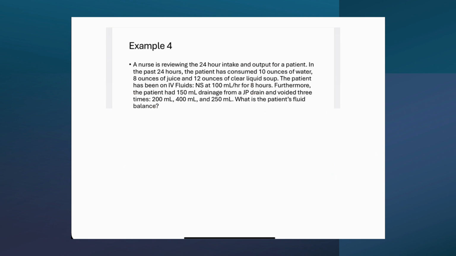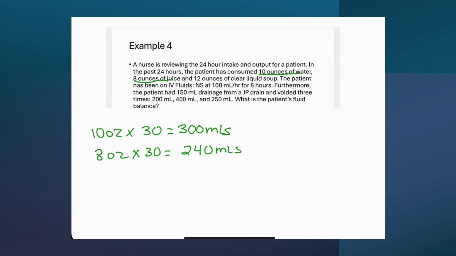All right, so we're going to go ahead and highlight the patient's intake. So they had 10 ounces of water. So we're going to do 10 ounces, and we know we have to convert to mLs. So that's going to give us 300 mLs. And then we have 8 ounces of juice. And we're going to convert that 8 ounces to mLs as well. And you're going to get 240 mLs. And then the patient has 12 ounces of clear broth soup.